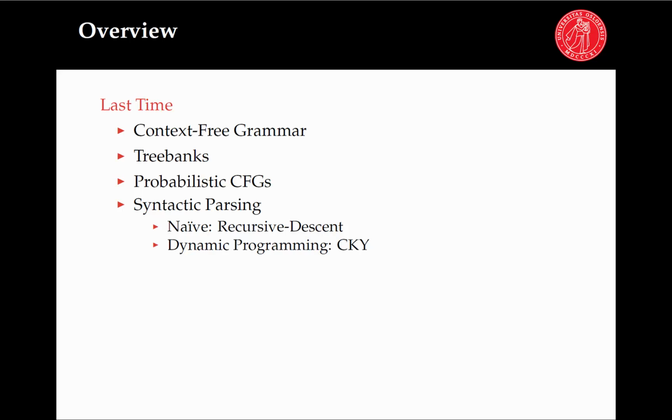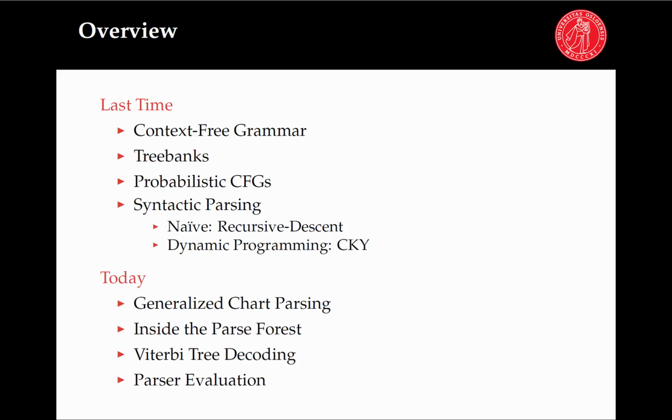And then we introduced a key notion about local ambiguity that I'll briefly flash at you on the next slide, and started to look at our first application of dynamic programming to deal with that exponential growth, to get back into tractable computing space. So today we'll generalize the CKY algorithm into this more general framework, generalized chart parsing.